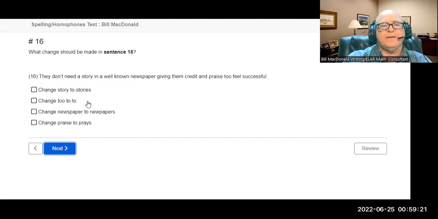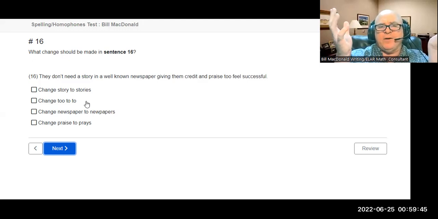There we go. All right, sentence 16. Capital. "They don't need a story in a singular, well-known newspaper, singular, giving them," who's them, they, the people that we're talking about, "credit and praise to feel successful." Teachable moment with instruction.